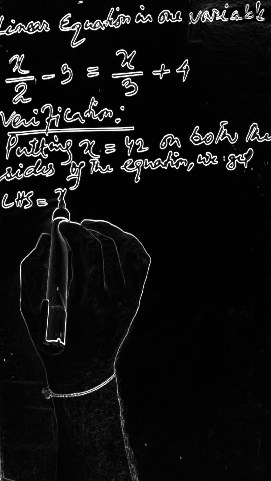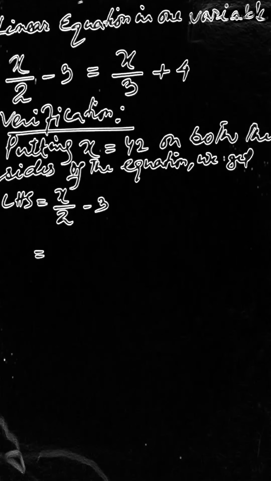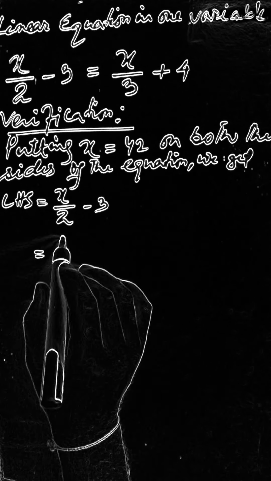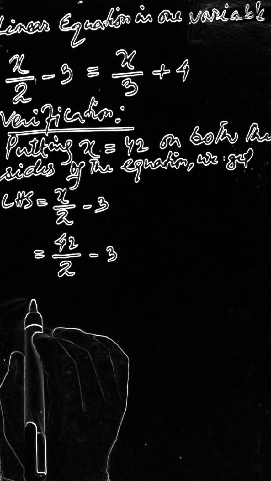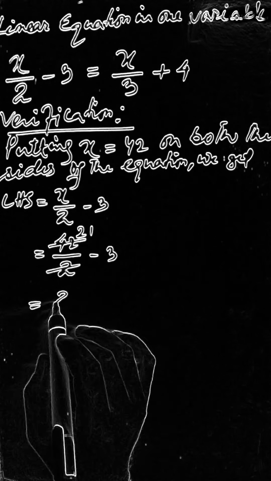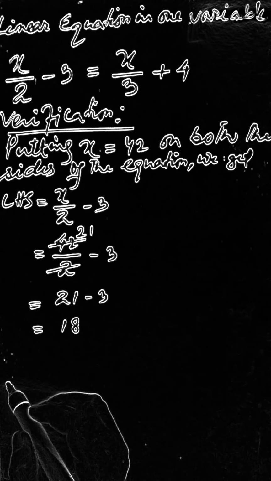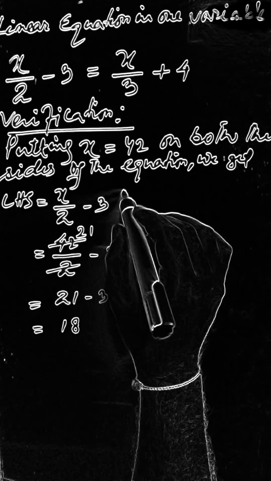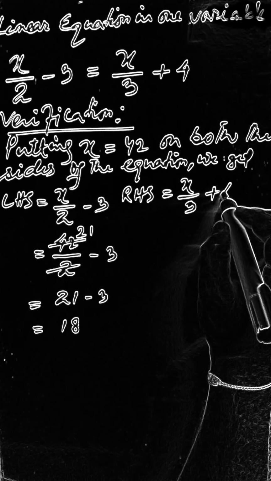Left hand side here is x divided by 2 minus 3. So what was the value of x? It was 42. So in place of this x, you write here 42 divided by 2 minus 3. Then here 21 minus 3, we'll get here how much? 18. So now let us check even on the right hand side. Right hand side equal to x divided by 3 plus 4.